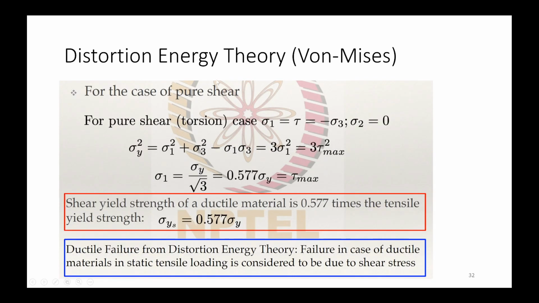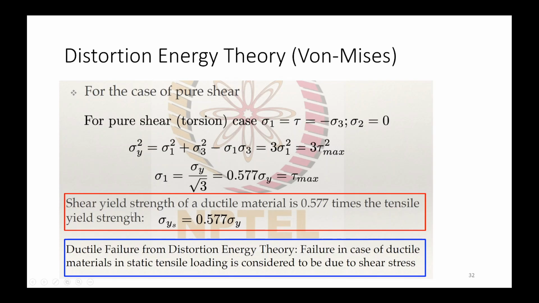Now for the case of pure shear, in this case your sigma 1 will be equal to tau, which equals minus sigma 3, and sigma 2 will be 0. Now putting all these values, you will get that sigma 1 should be equal to sigma y upon root 3. So your shear stress will be 0.577 times the sigma y in tension.